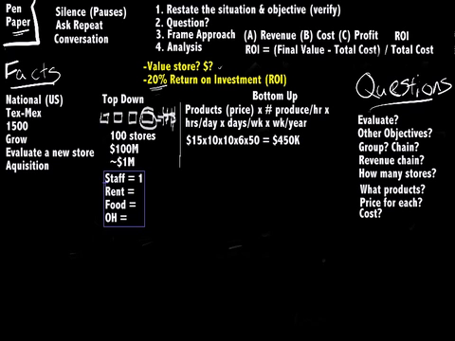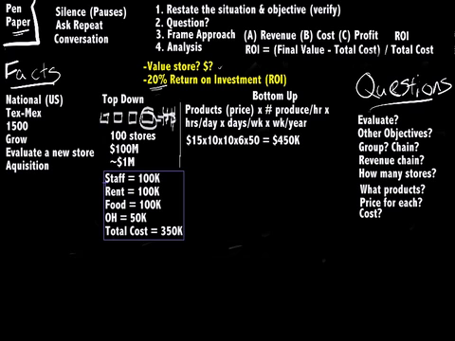They said the staff is 100K, the rent is 100K, the food's 100,000, and the overhead, additional lights and all that, is 50. So the total costs in this case ended up being 350K. So that's an example of the top-down answers.